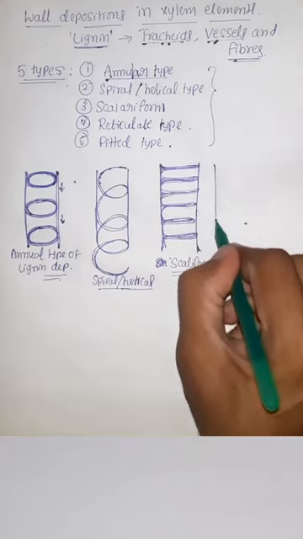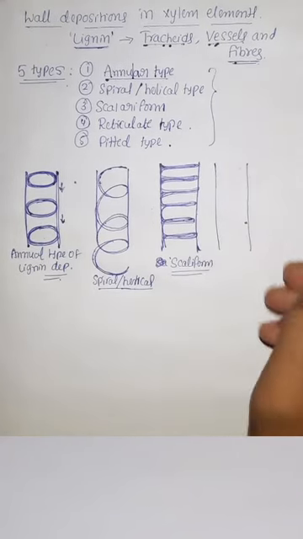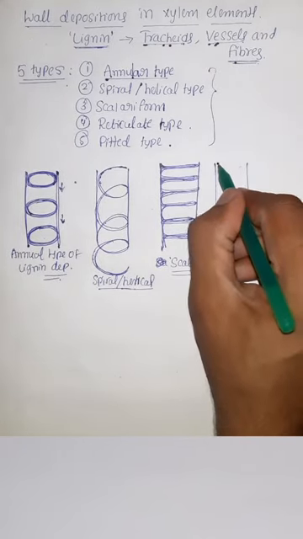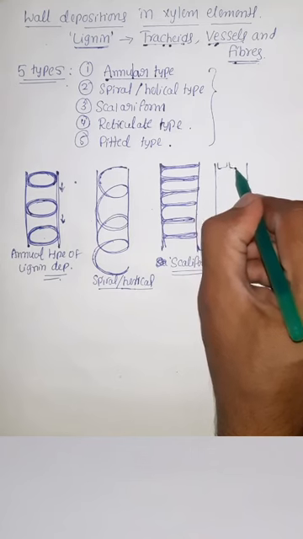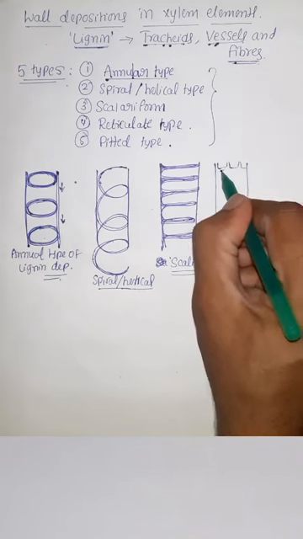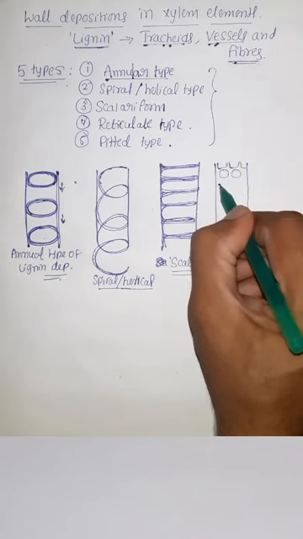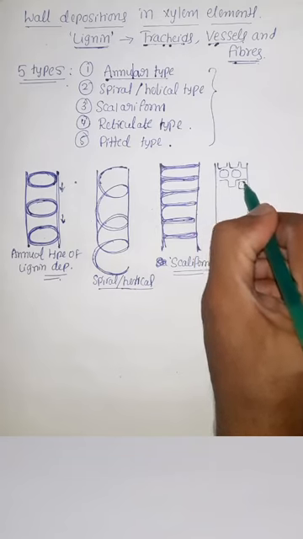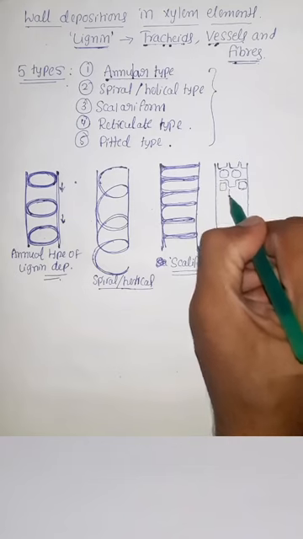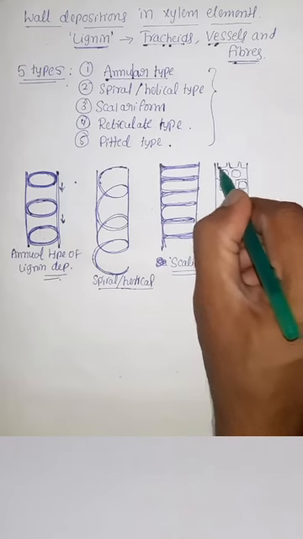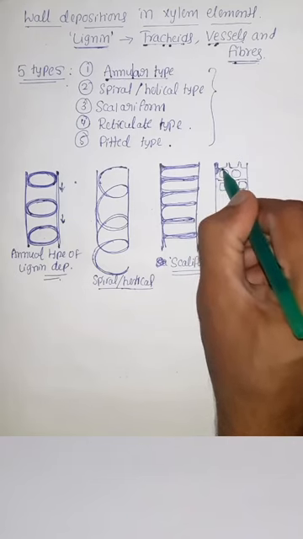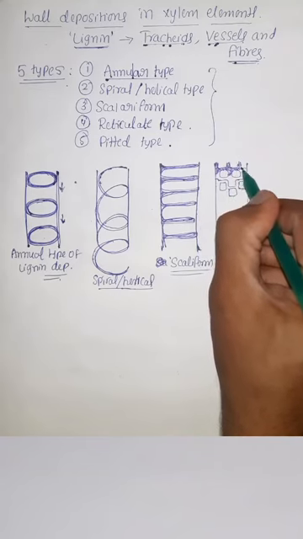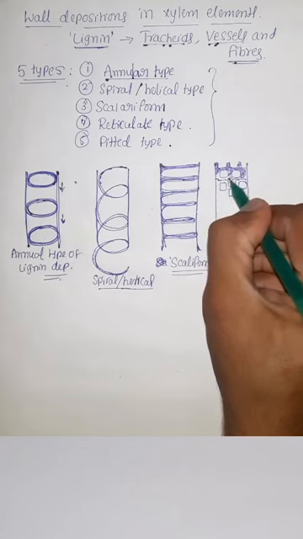The fourth one is reticulate type of lignin wall deposition. Here we can see net-like lignin deposition. The lignin is deposited only in a net-like manner like this.